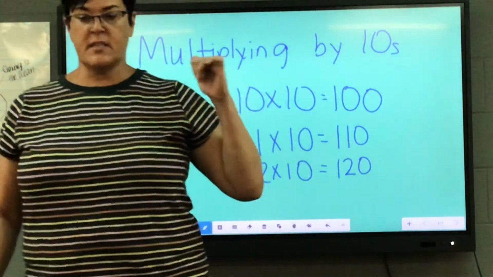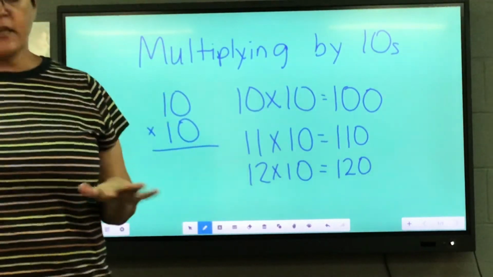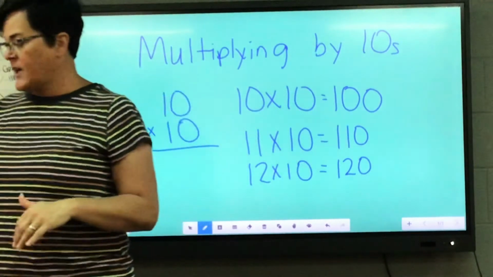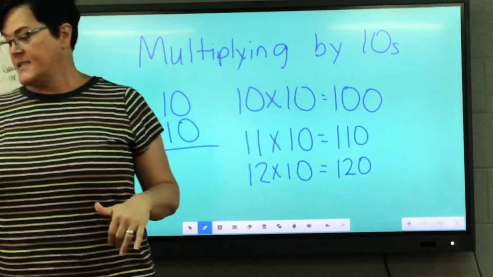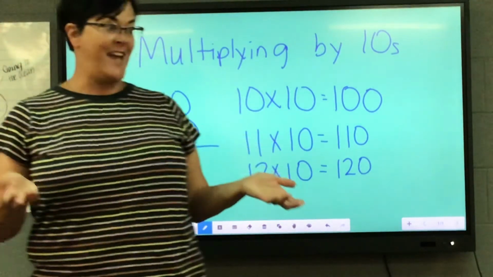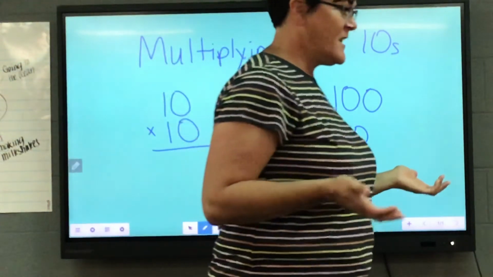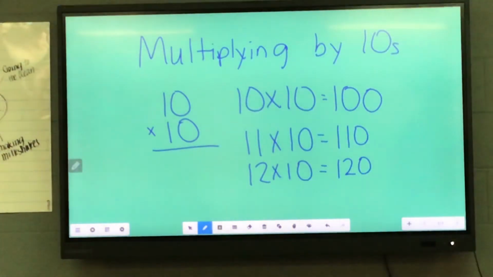Okay, questions about the tens. So here's what I want you to do. Look back on your paper and see, are there some tens problems that you need to correct? Look through those right now. Find the ones that have the tens on them, because I bet you need to double check on some of those, just in case.